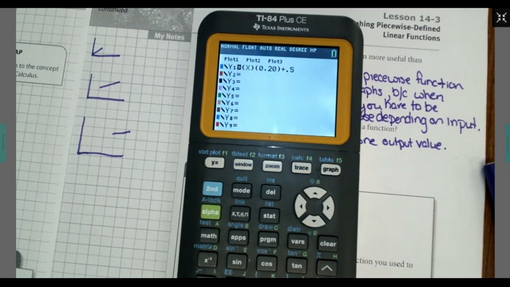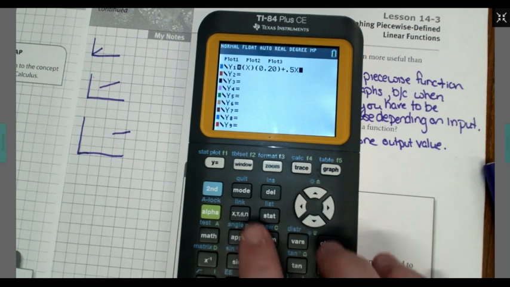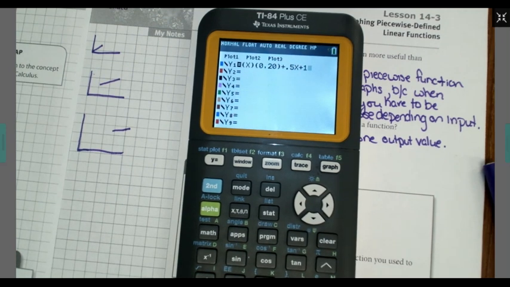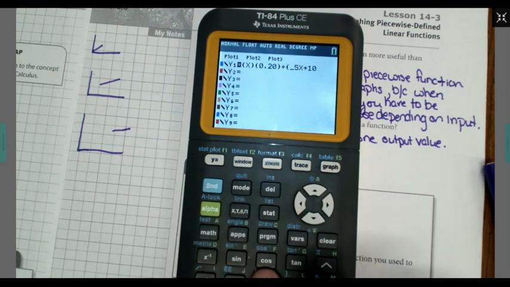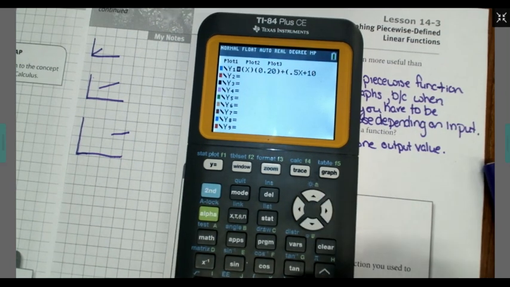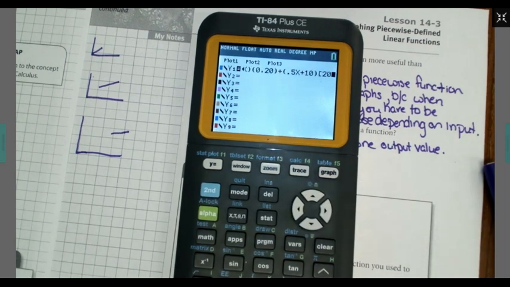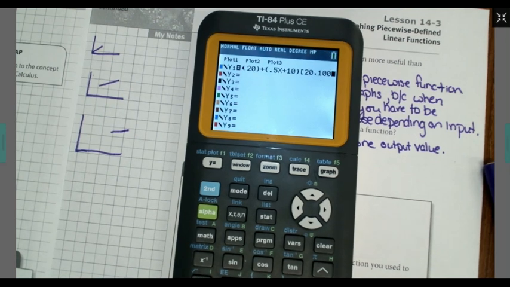Let's see, 0.5x plus 10 parentheses. This would be a bracket. Try and see if this works. 20 to 100.